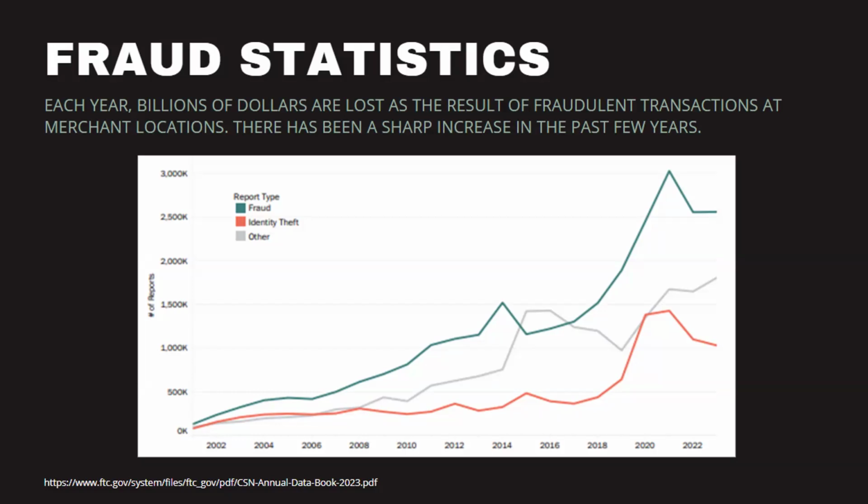People check their EBT balances and find that their cards are drained. And these people have no way to get their money back because EBT is not a credit card, so they don't have the same protections. ID theft has made up nearly 50% of the fraud that's occurred.